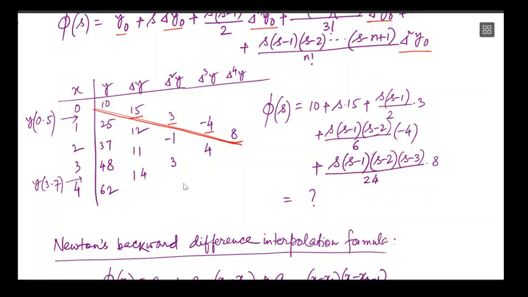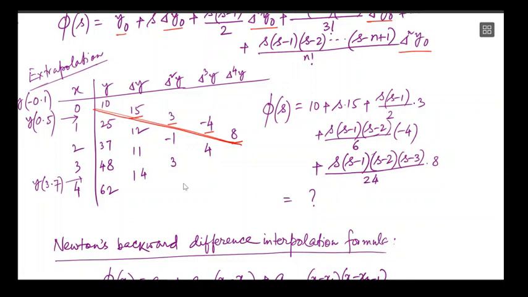And one thing, if you are asked to find the value at minus 0.1, then it will be called extrapolation, not interpolation. That is, the value has been asked outside the range where the values are known.